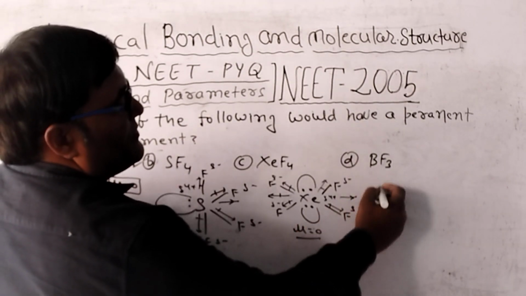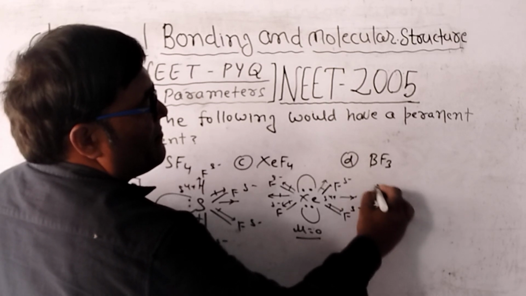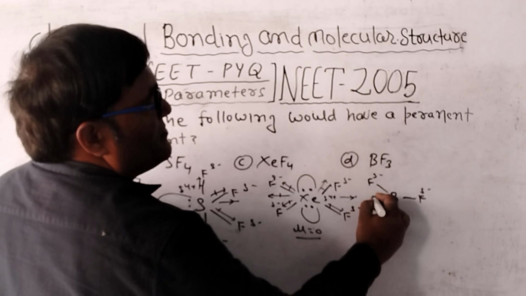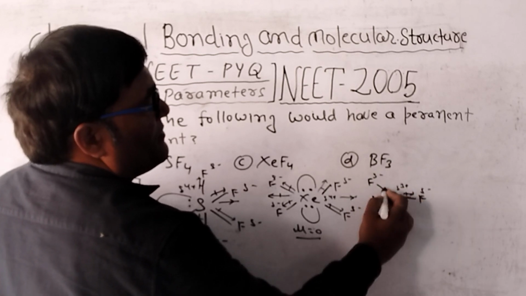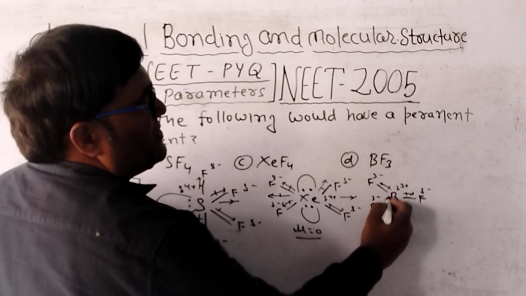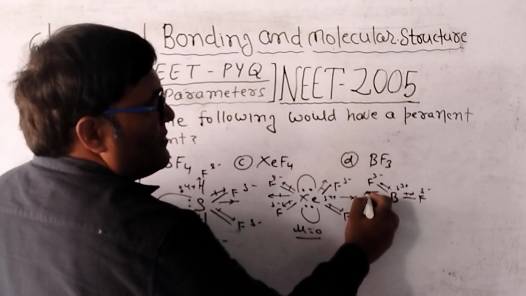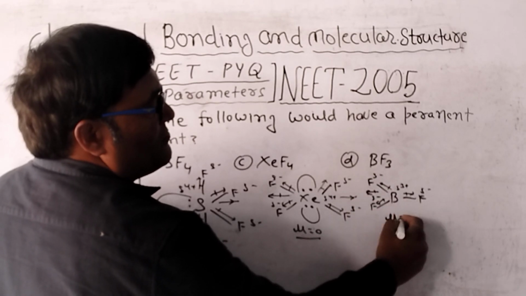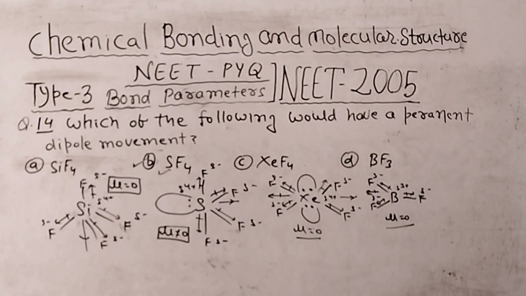Now in case of boron trifluoride, the fluorines are delta minus and boron is delta 3 plus, with positive to negative dipole direction. This dipole is cancelled by the other dipoles, so mu is equal to 0. So the only permanent dipole is present in SF4. You can take a screenshot.